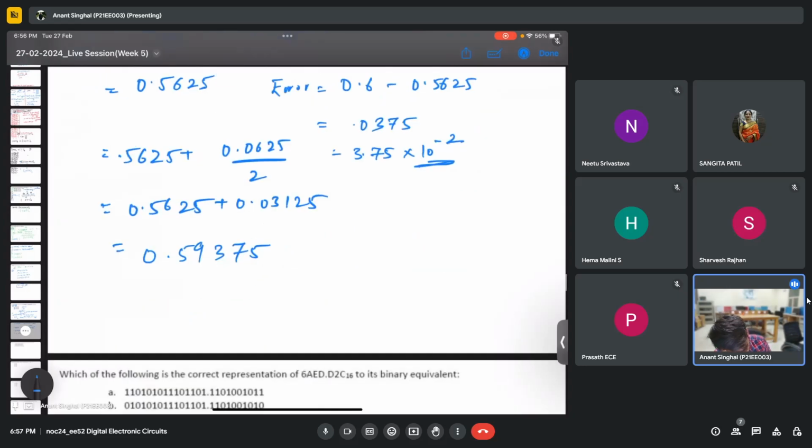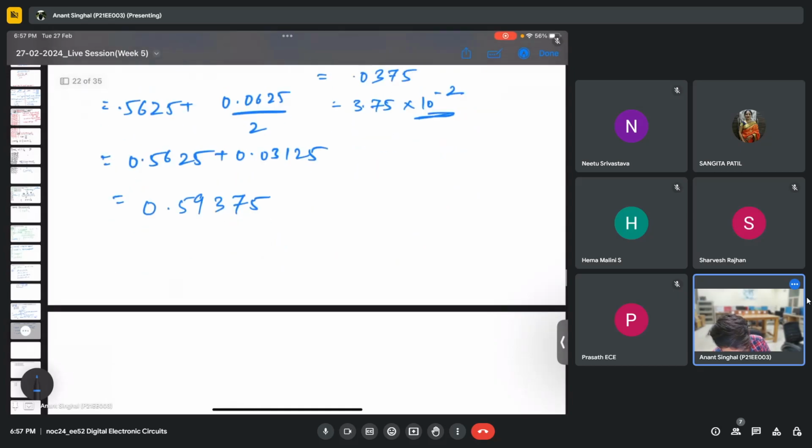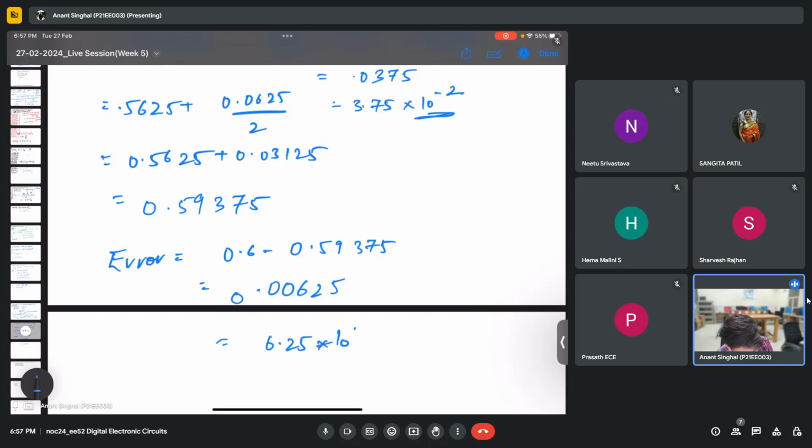Now I'll calculate the error again. The error is 0.6 minus this number 0.59375, which is 6.25 times 10 raised to the power minus 3, which is in the order of 10 raised to the power minus 3.